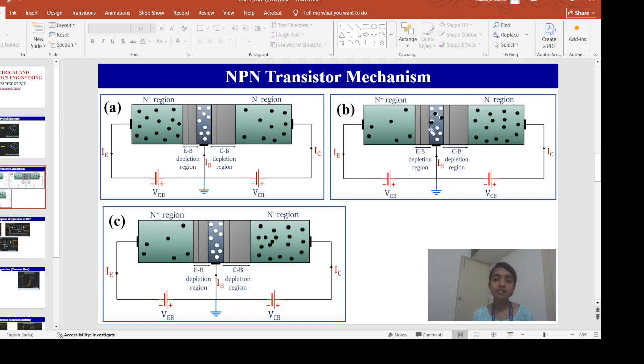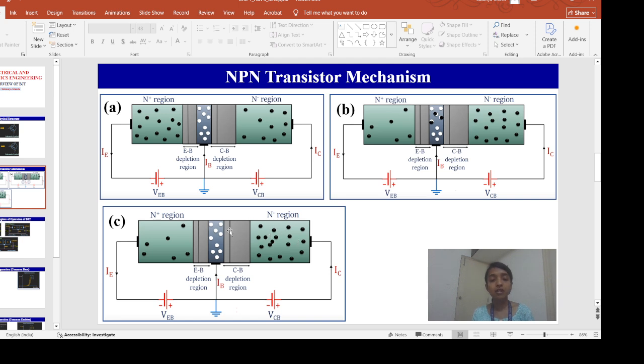Now as the base region is very thin and very lightly doped, and it offers very high resistance to the charge carriers, only a few electrons will flow out of the transistor through the base terminal, and the majority of these electrons will diffuse to the N region.